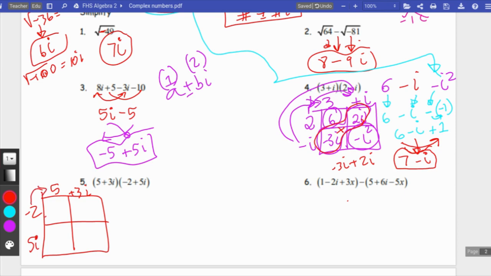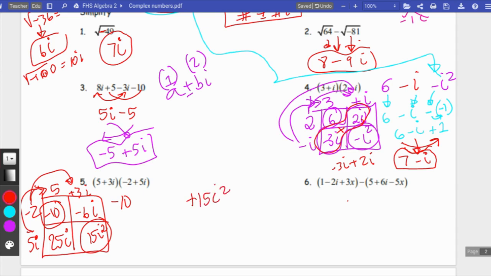Negative 2 times 5, you get negative 10. Negative 2 times 3i, you get negative 6i. You multiply 5 times 5i, so you get 25i. And then when you multiply 3i times 5i, you get 15i squared, because I have 2 i's. All right, the negative 10, first number goes right here. The last number goes at the end.